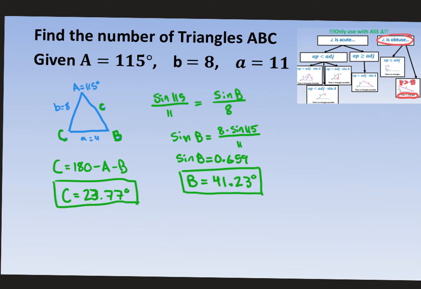And then law of sines one more time to find little c. So we go sine of what we were given originally, 115 over 11 equals sine of 23.77 over little c, which is what we're looking for.